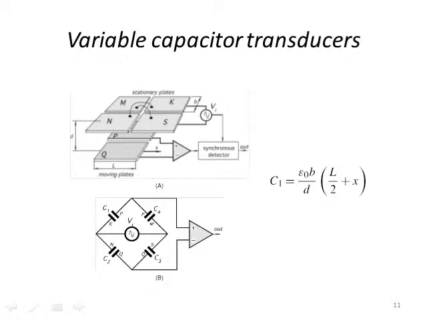And then we can also put this into a bridge configuration, as you see in the circuit on the bottom. And then we can calculate our output, which will be a function of the lateral movement in X. Very similar concepts to the homework problems that we've already done, and then this output amplifier that you see on the output.